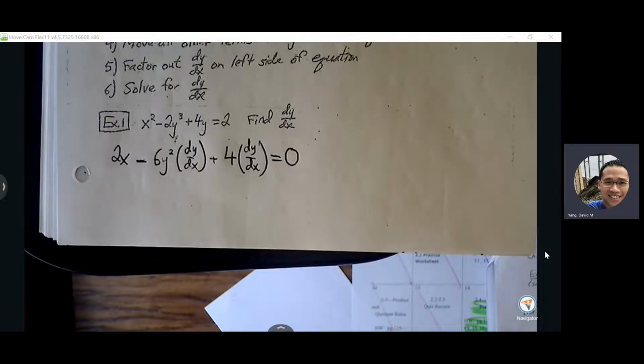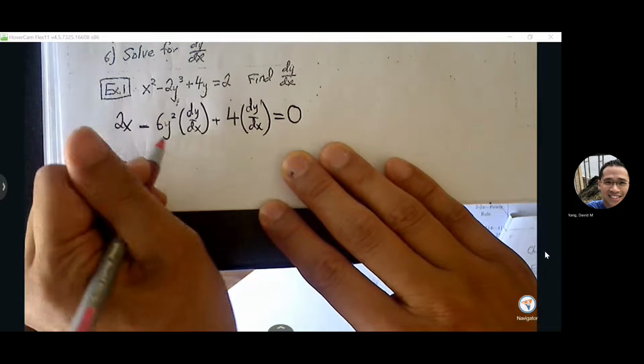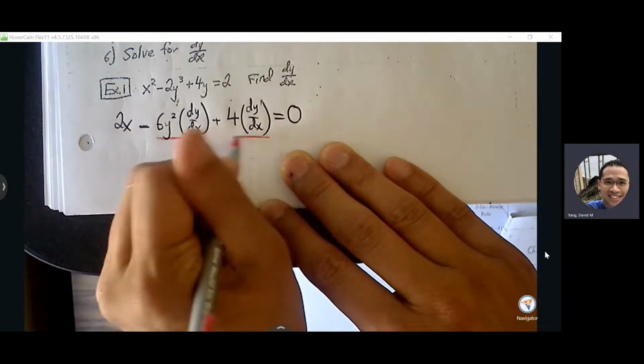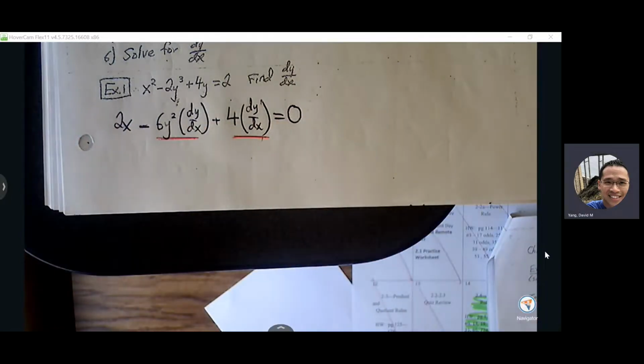Okay, so now we're done with the calculus. So now we're just trying to get that dy dx by itself. But first, we're going to isolate the dy dx. Let's leave the dy dx terms on the left side, and then we're just going to move the non-dy dx terms to the other side, because eventually we do want to factor that dy dx out.